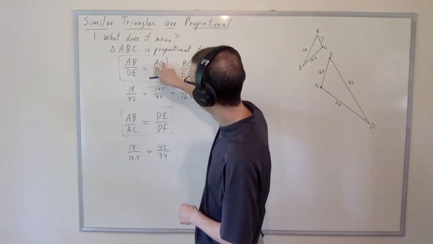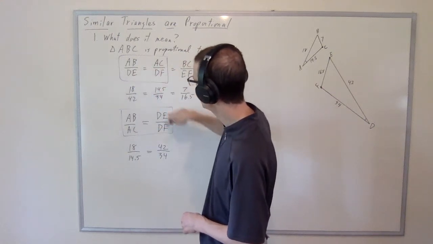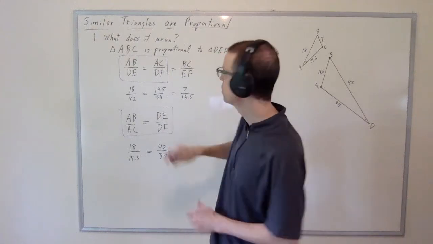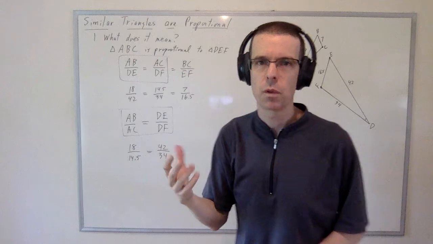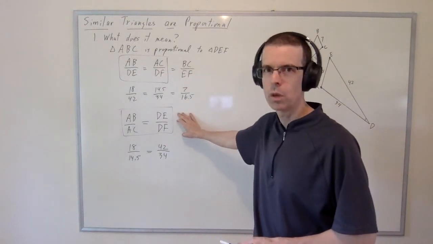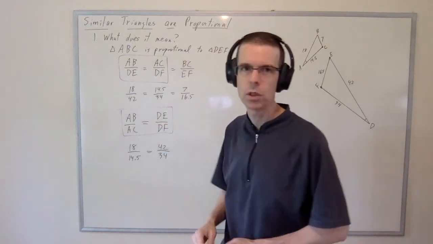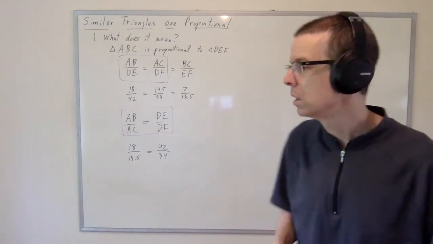All you have to do is divide both sides by AC to move it to the other side, multiply both sides by DE to move this to the other side, and you can translate this algebraically into this. Geometrically, it feels like there's a difference between these statements because this is across from one triangle to the next and this is within one triangle. Algebraically, there's no significant difference between this equation and this equation. And so we don't really have to care which one of these things we mean because they're obviously equivalent.